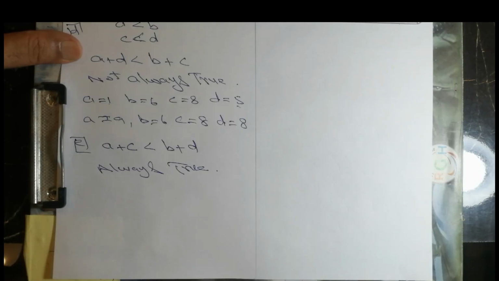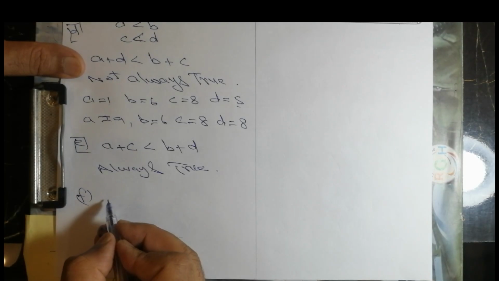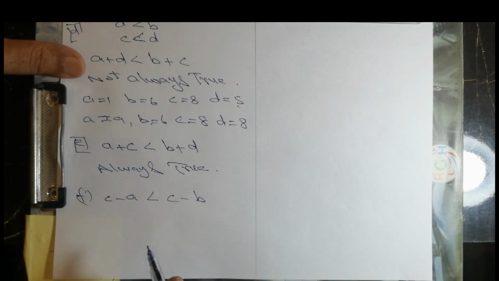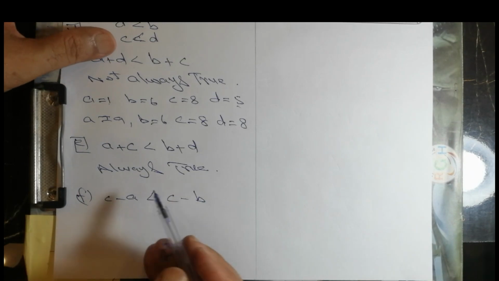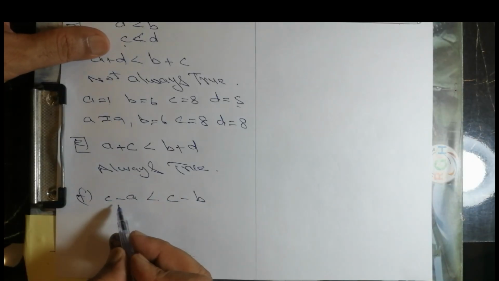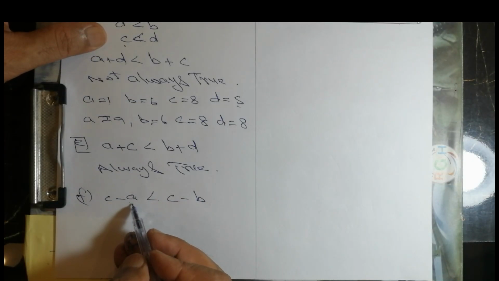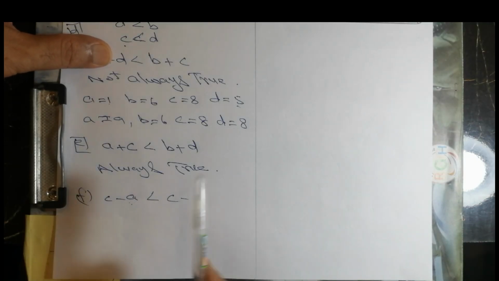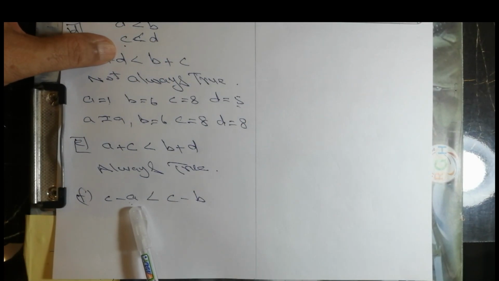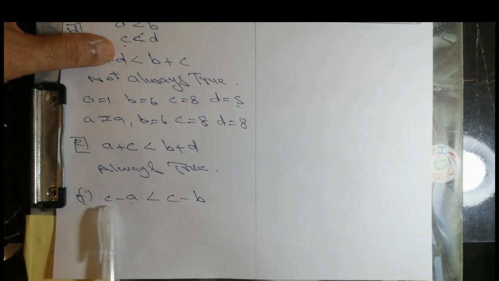And part F is C minus A less than C minus B. So if we take C minus A and C minus B, this is not derived from the above conditions, we cannot add or subtract like this, so that is not possible.